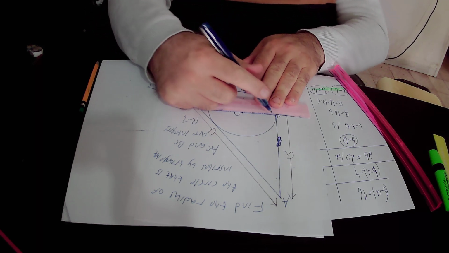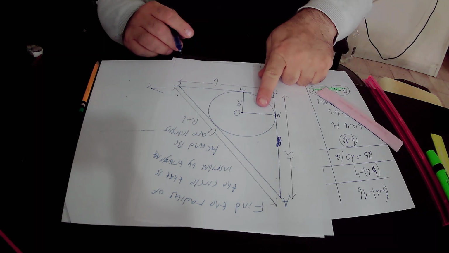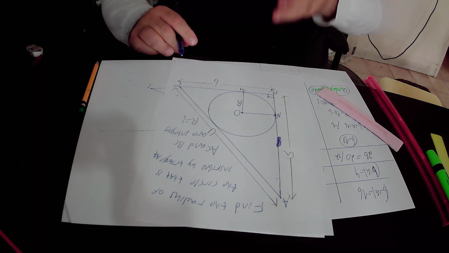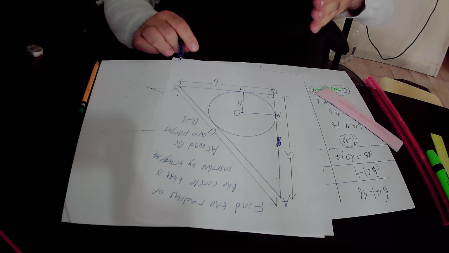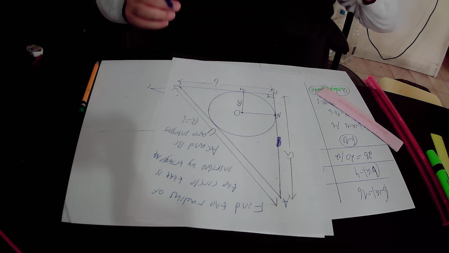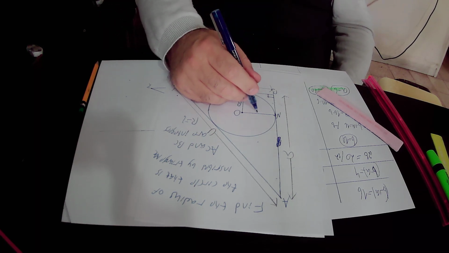So what is the definition of line segment ON? O is the center of the circle, N is a point on the circle itself. This is exactly the definition of a radius. So ON equals the radius of the circle, that is capital R according to our definition.